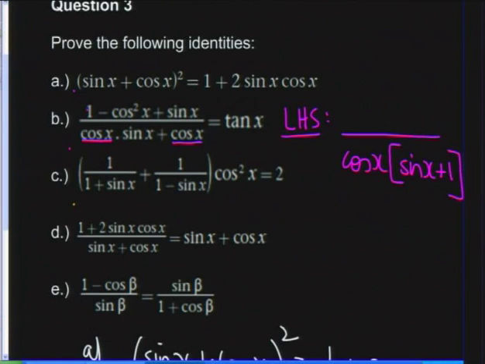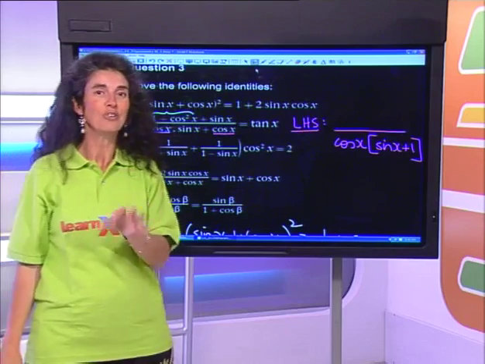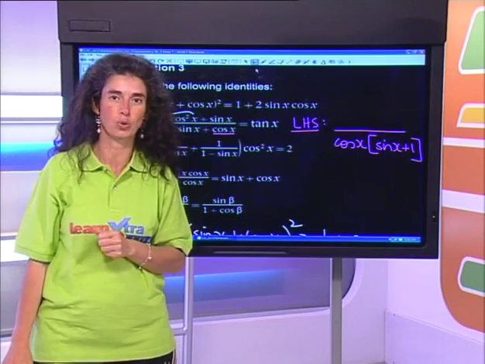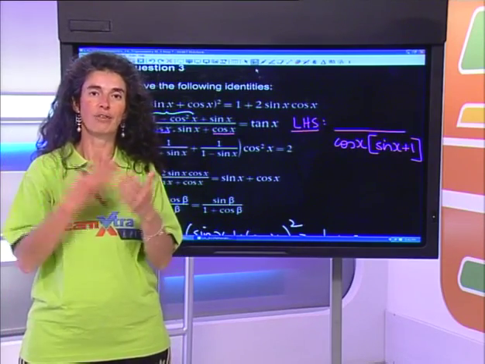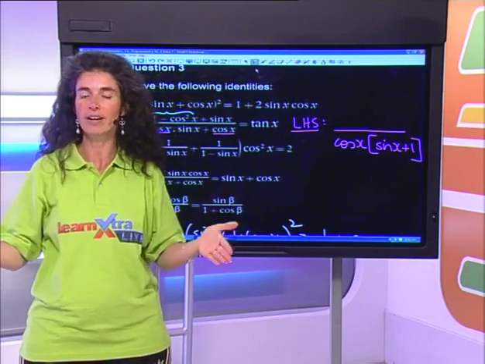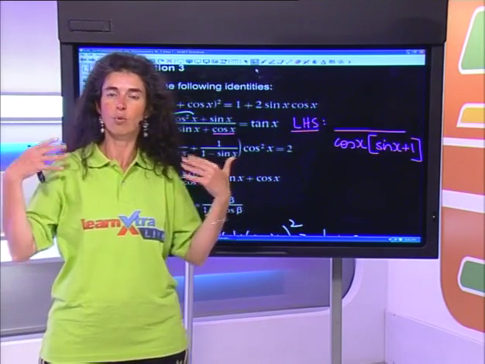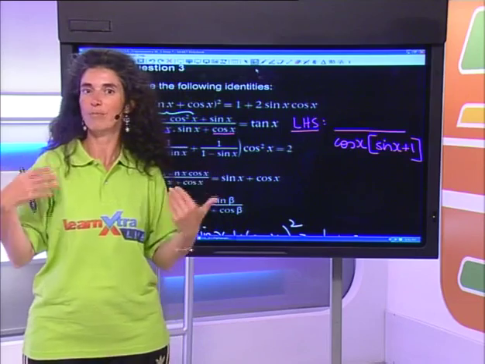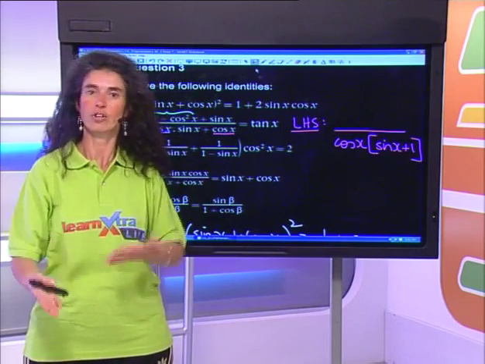If I have a sin x + 1 in a bracket, then perhaps I would like my numerator to be in sin x. So my next question is, can I get the numerator into sin x? Is it possible? What is 1 - cos² x? And that's why now you have to be very well versed in the square identities. So I have to know that sin² + cos² is 1, but you've got to know the ones that come through after that. 1 - cos² is sin².